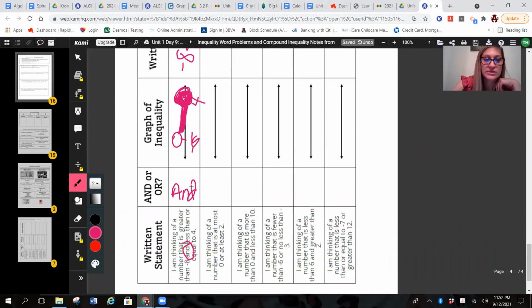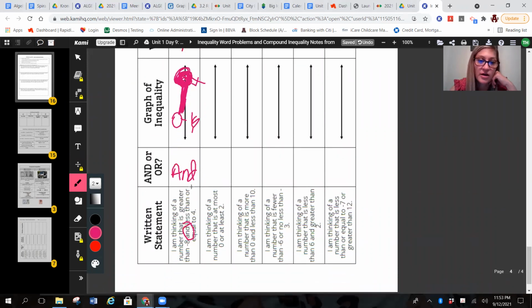Okay, let's read the second one. I'm thinking of a number that is at most 0 or at least 2. Okay, so the word or gives it away for me, so I think this is an or statement.